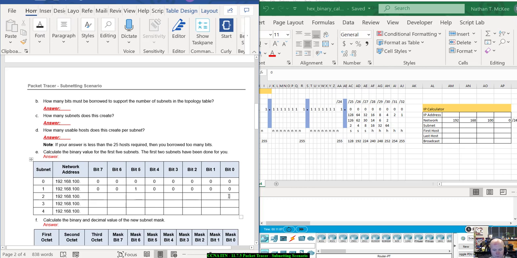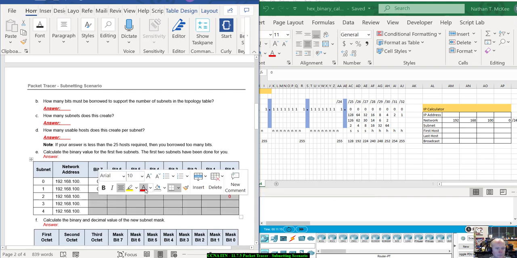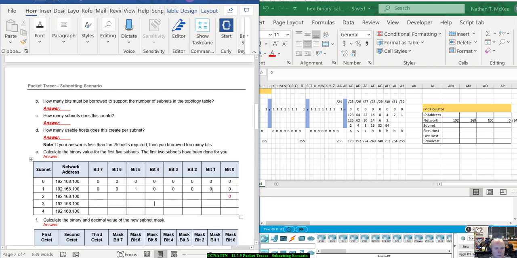All these will be 0 anyway, and I'm going to make these red. Remember, all of these bits will be used for hosts.